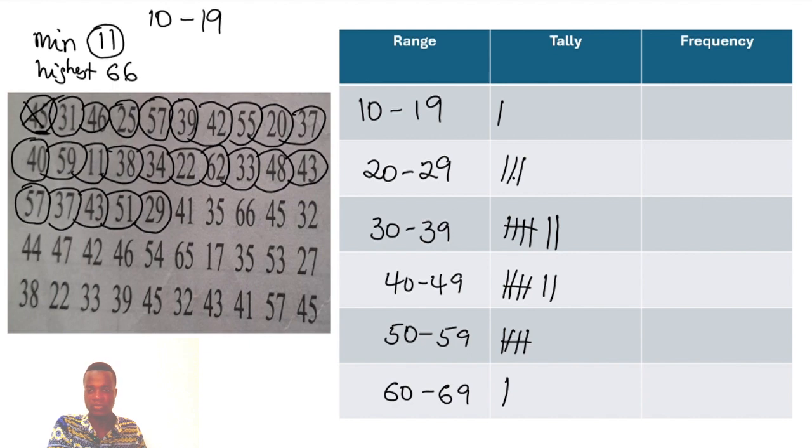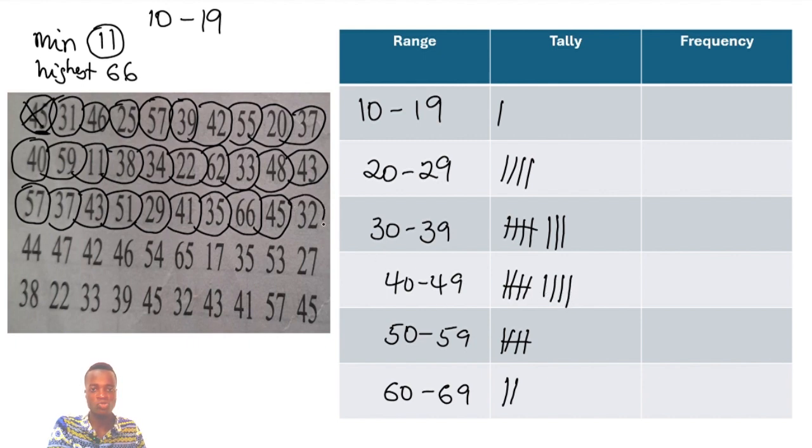29, where will 29 be? 29 will be here, correct? 41 will fall here. 35 will fall here. 66, 60, oh okay, 60 got something now. 45 will be somewhere here, so we have 4 now.